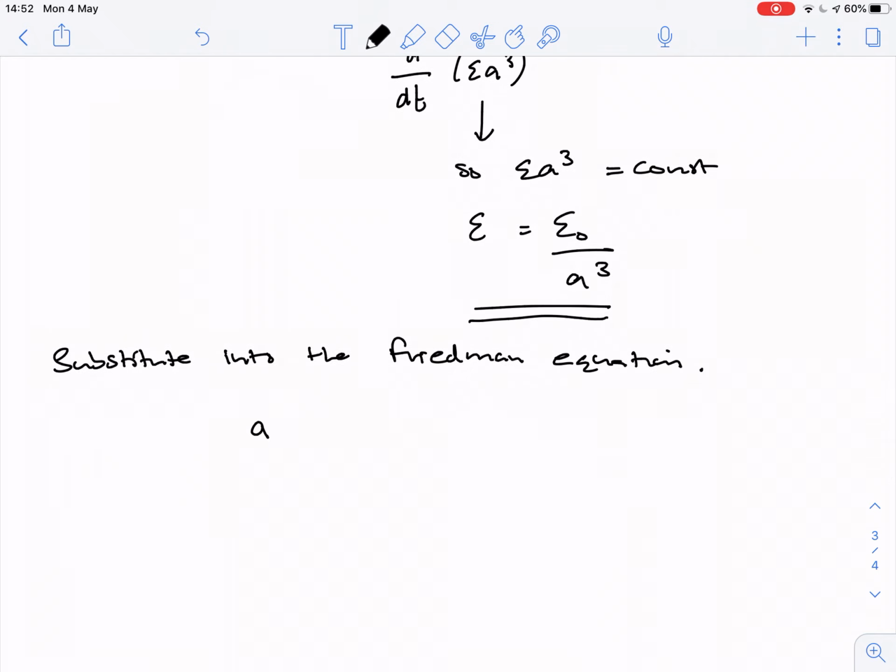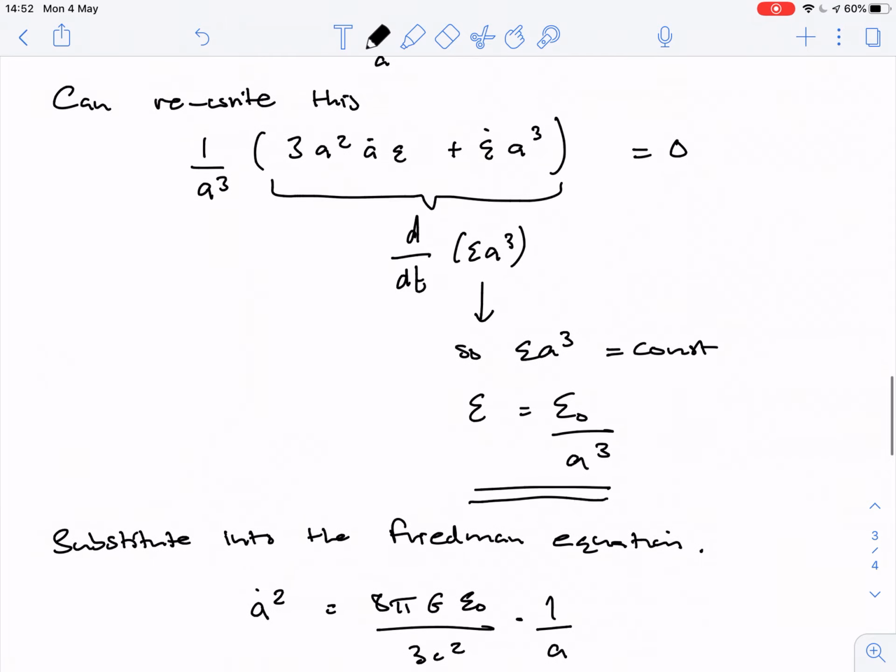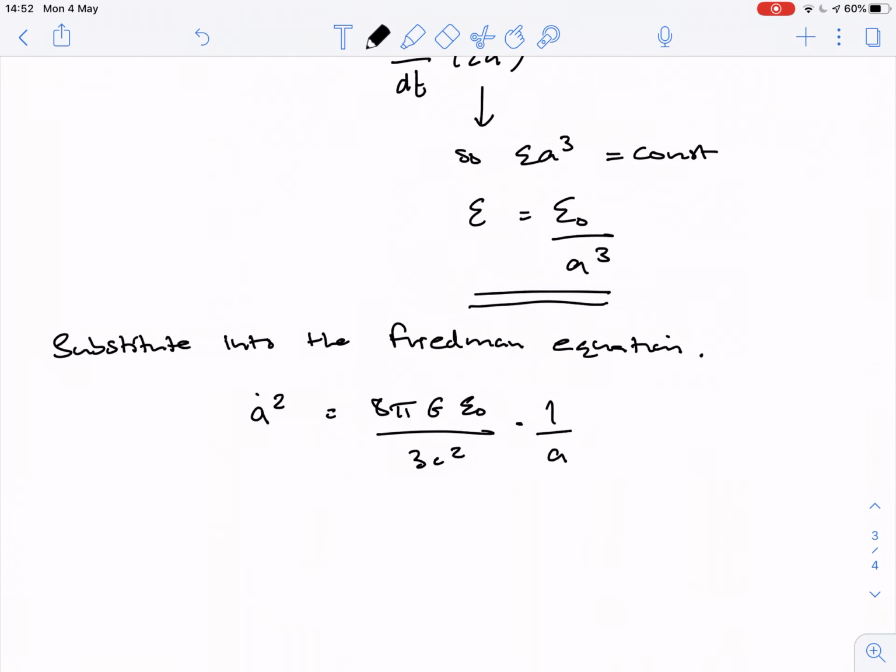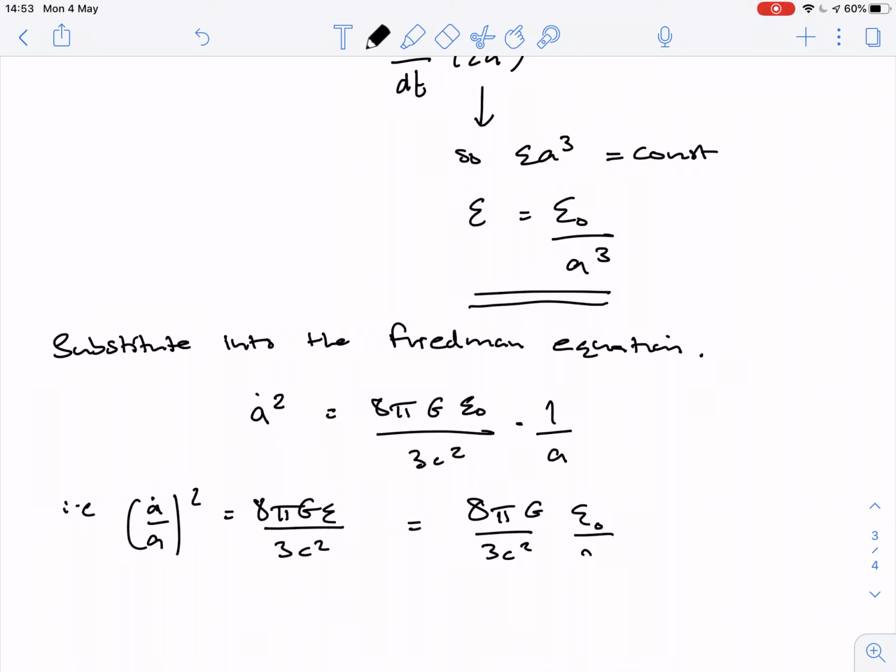And doing that, I get that a dot squared equals 8 pi G ε naught over 3c squared times 1 over a. In other words, to get that, because perhaps it's not completely clear, if I take the Friedmann equation itself, a dot over a squared equals 8 pi G ε over 3c squared, I substitute in ε naught over a cubed.